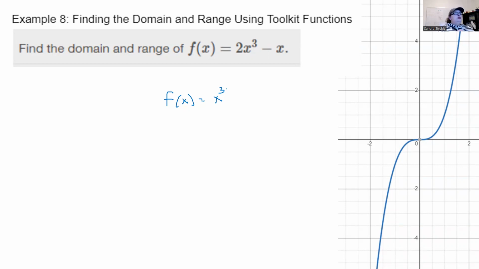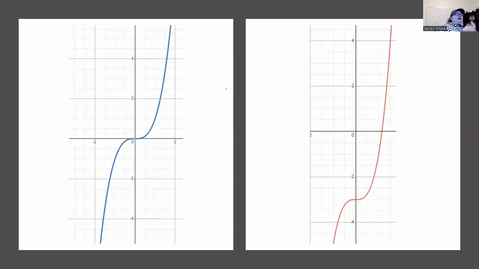Well, for the domain, you're not going to have any limitations on what you can plug into x. You're going to get anywhere from -infinity to +infinity. This graph goes on and on and on. The other thing is top to bottom, there's no limitations there either, where this graph is going to be cut off. So I'm going to show you the actual graph itself. The one on the left is your toolkit function, f of x equals x cubed.